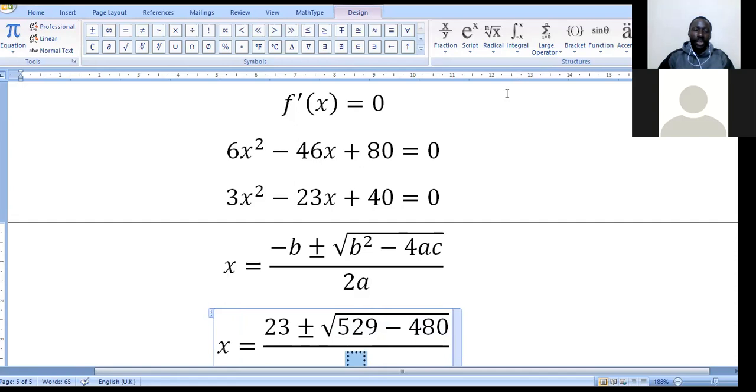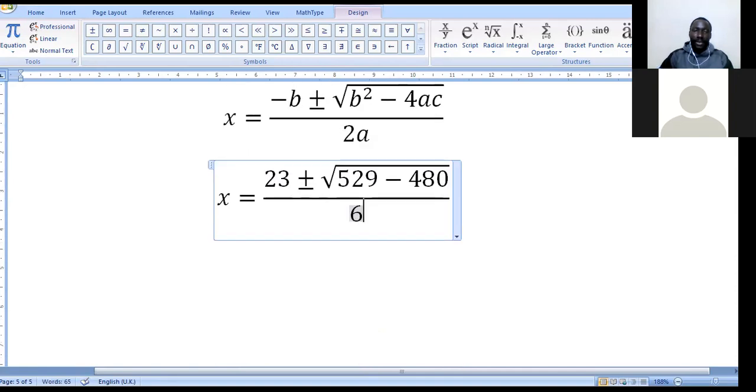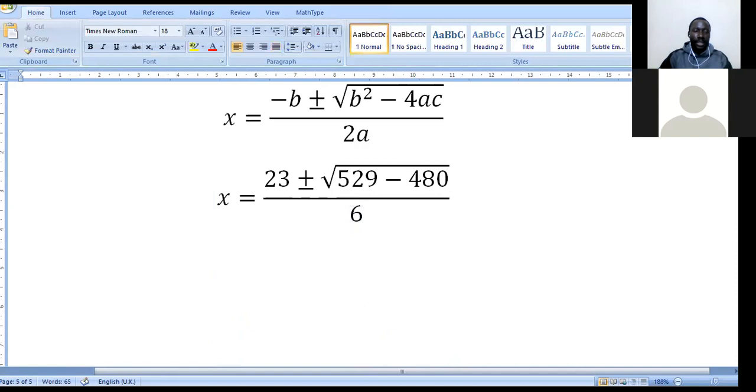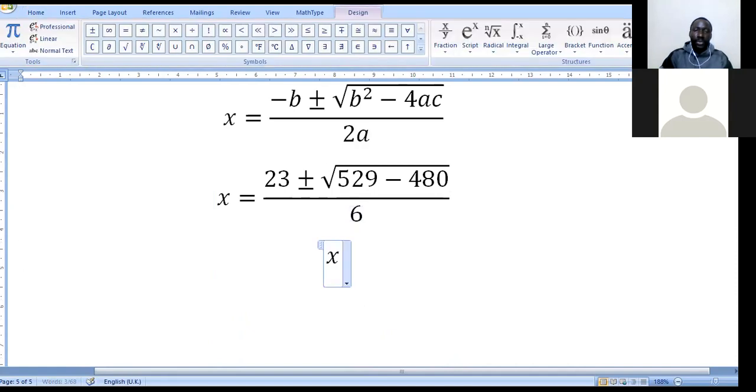Then the denominator is 2 times 3, which is 6. So yes, we put it down there, 6. So this is what we have so far. What's the next thing to do? The next thing to do is to simplify that.